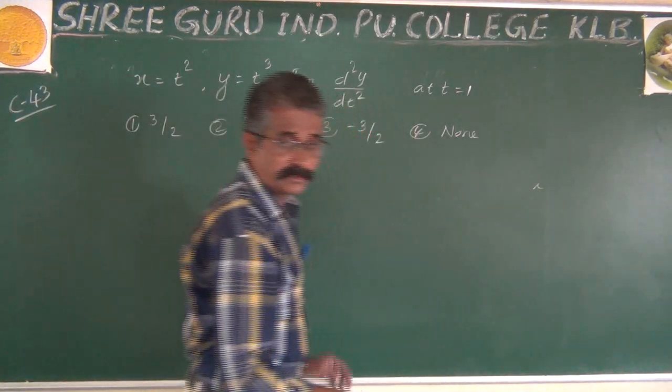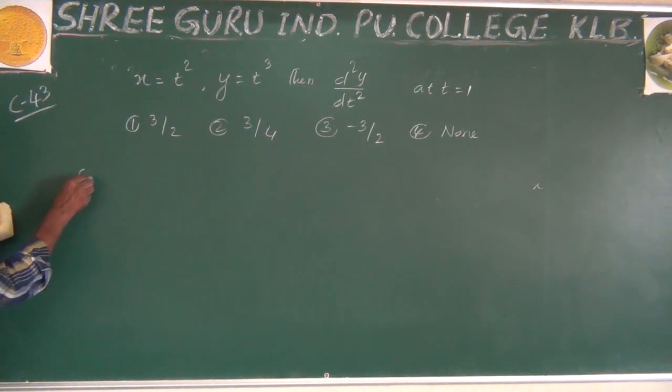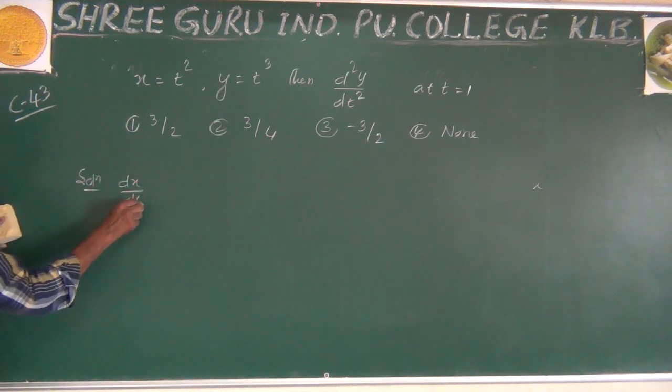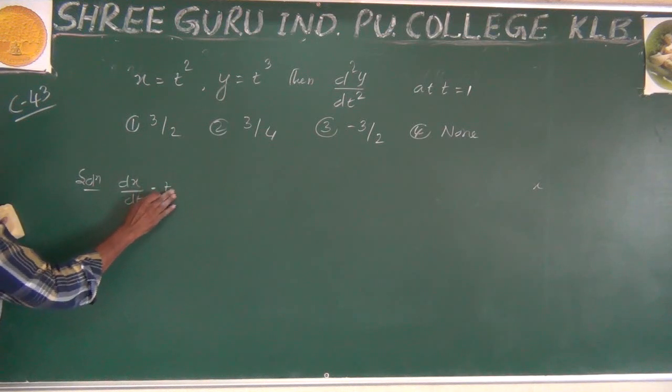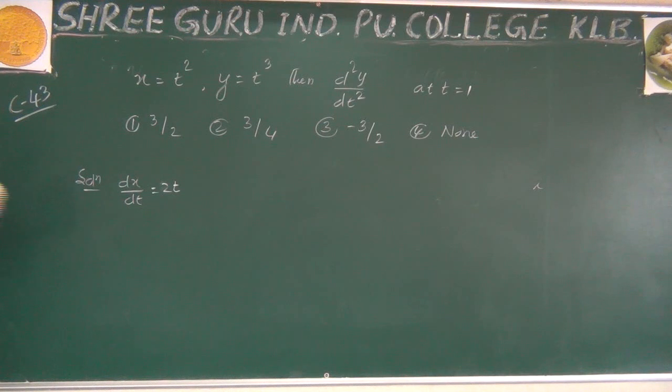So we again have the differentiation of parametric functions. Very first, dx by dt is 2t. Keep in mind, while discussing theory classes, I went in a very slow manner.